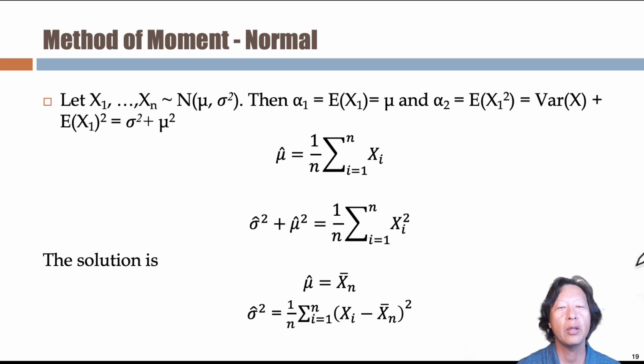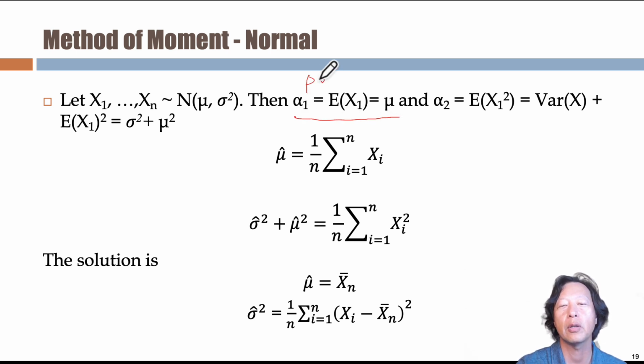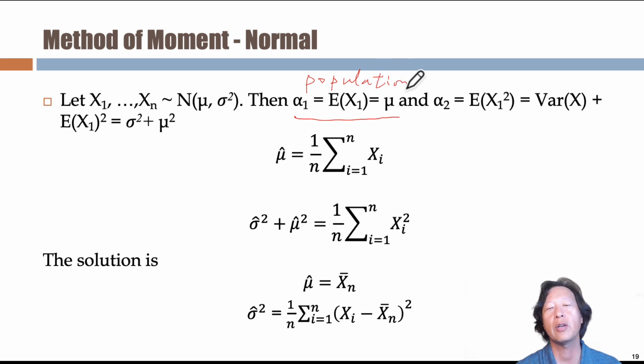Method of moments in the normal distribution. So we have n samples, and I know they are from the normal distribution, but I want to know what the mu is and what the standard deviation is. Then the first moment, alpha 1, this is the population side, the theoretical side.